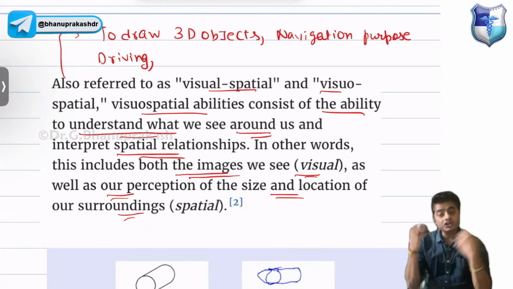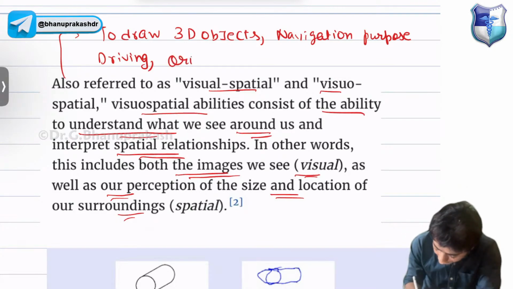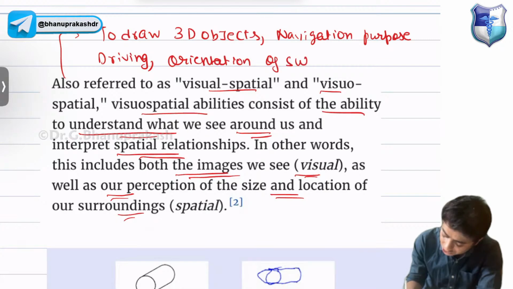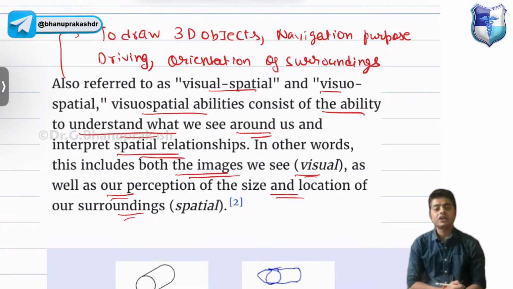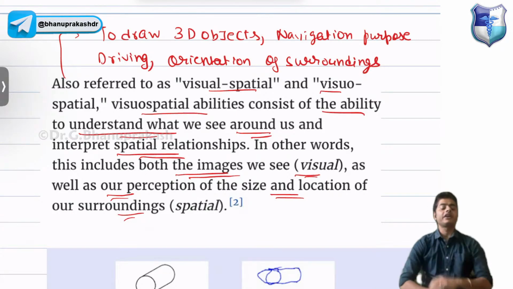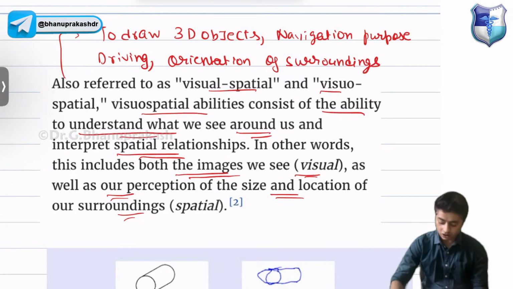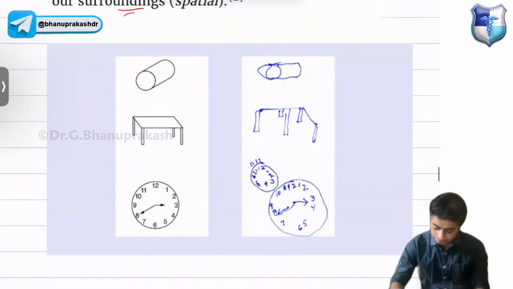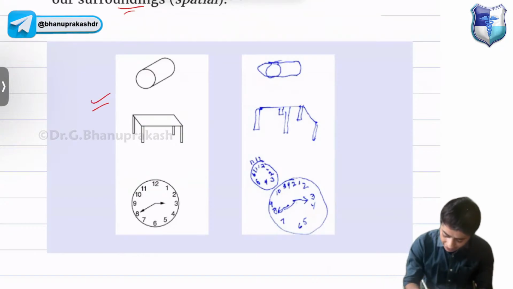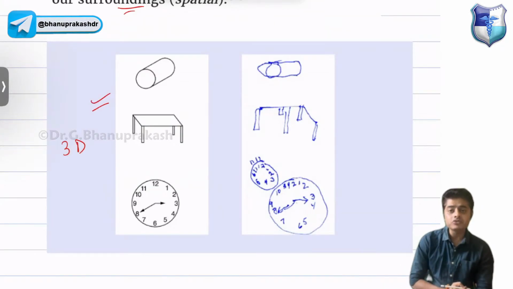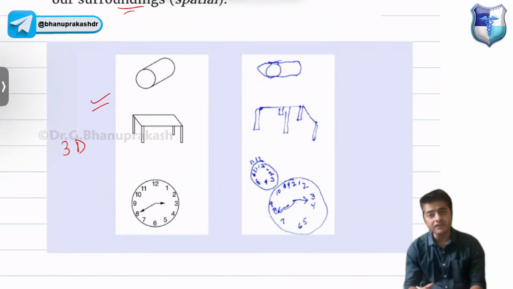Orientation of your surroundings. So all these things are affected when your visuospatial function is gone. Visuospatial disorientation is there. See this diagram. When it comes to making 3D figures, can you draw these 3D figures?